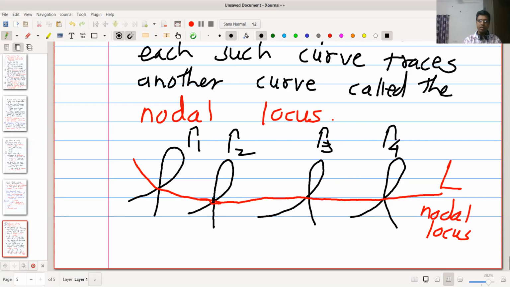Now note that if we consider two consecutive such curves, that means if we take a limit in this direction, then these two curves match as well as the nodal points also match. So the nodal points are ultimate points of intersections. That means these must appear in the C discriminant relations.